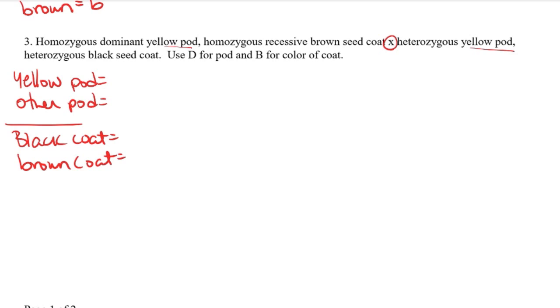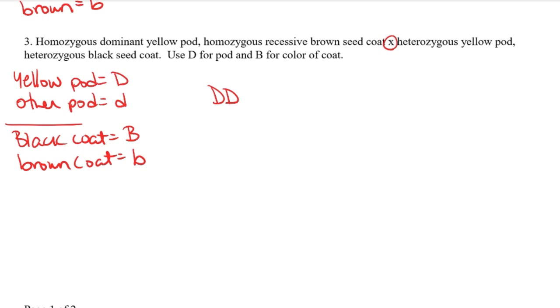So my yellow is dominant, and it tells me use D for pods. And whatever the other color is, maybe green, that's going to be a lowercase d. And then for my coat color, it looks like my brown is recessive, so that'd be my lowercase b, and black is dominant. For my first parent, homozygous dominant yellow, so two capital D's.